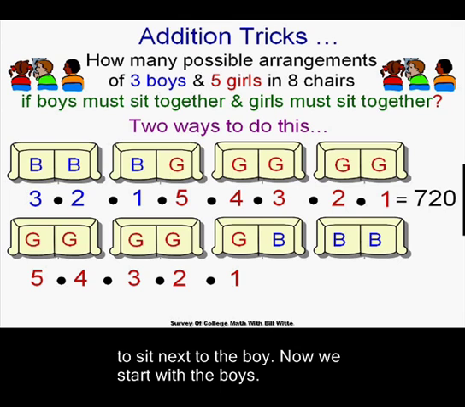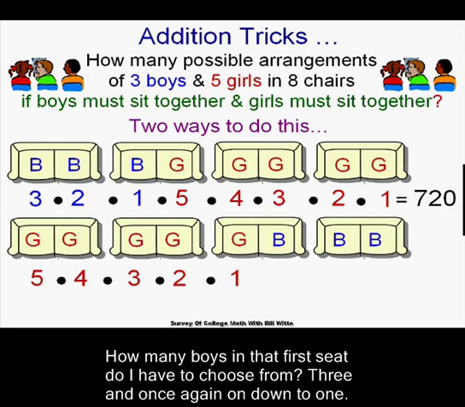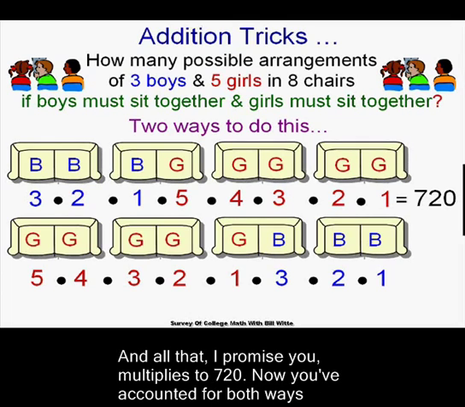Now I'm going to start with the boys. How many boys do I have to choose from in that first seat? 3, and once again on down. All that, I promise you, multiplies to 720. Now you've accounted for both ways.